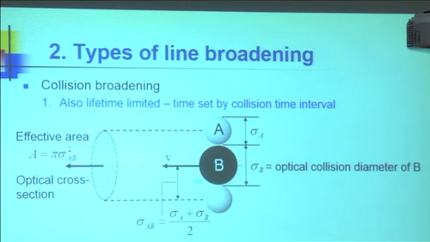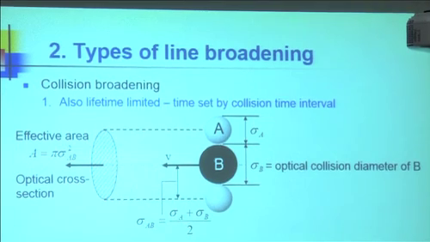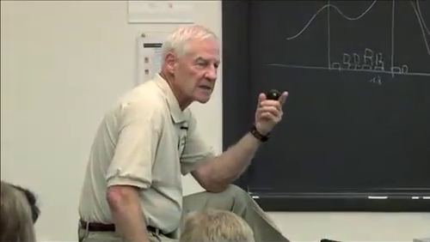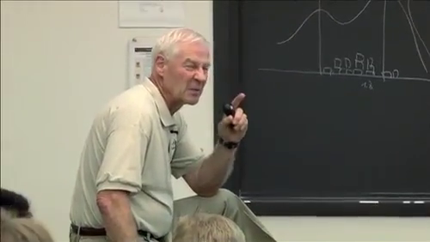So you talk about the volume swept out as B moves through this space, a volume that depends upon the area of this cross-section and the velocity. This has to do with the size of this region, and in terms of hard sphere cross-sections, they're called optical collision diameters. If we're doing transport properties, you'd use kinetic theory to describe the thermal conductivity or the viscosity. But we're talking about line broadening.